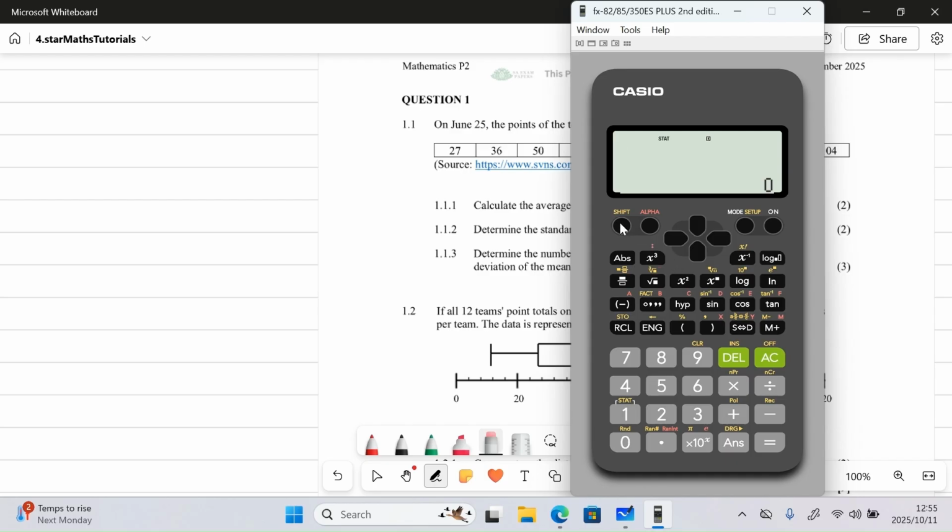To turn the frequency off, we press shift mode, and then we press the down arrow. Then we go to statistics, and we make sure that the frequency is off. Then let's enter the data.